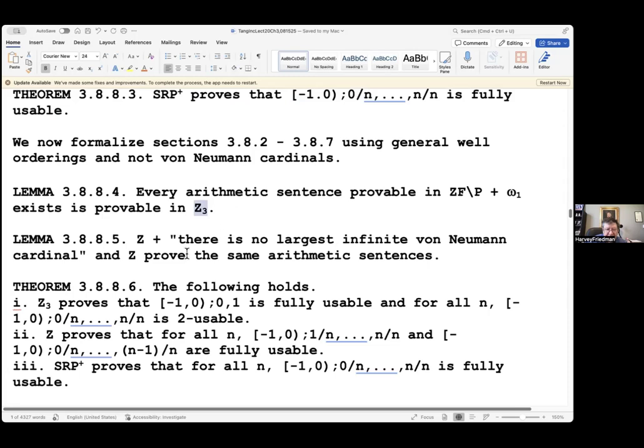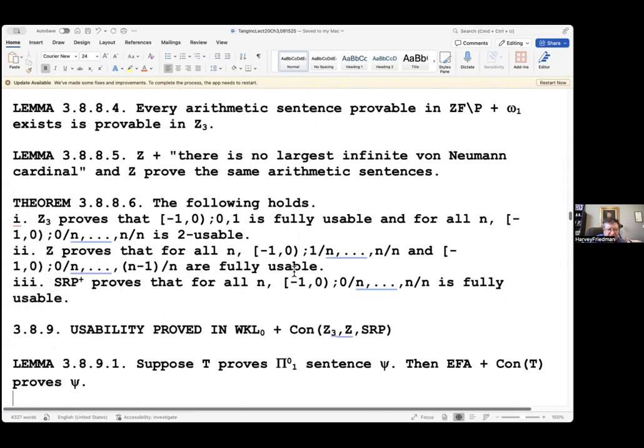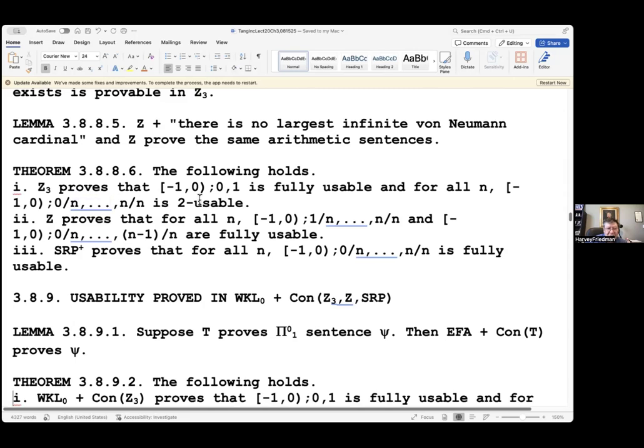And there's no largest infinite von Neumann order in Z proving the same arithmetic sentences. So it turns out this is enough to do the semi-formal arguments, and that's why Z is enough. So we wind up with this result that I only need Z3 to do these.